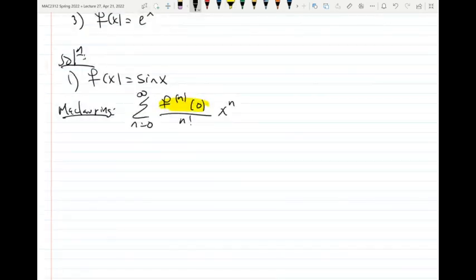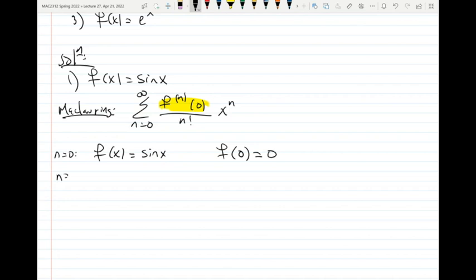And evaluating at 0. So let's see, when n is equal to 0, we have just the value of the function, right? So remember, n equals 0, that's just f of x, which is the function sine. If we evaluate that at the center, what do we get? What's sine of 0? That's 0. When n is equal to 1, you have the derivative of the function, which is cosine.